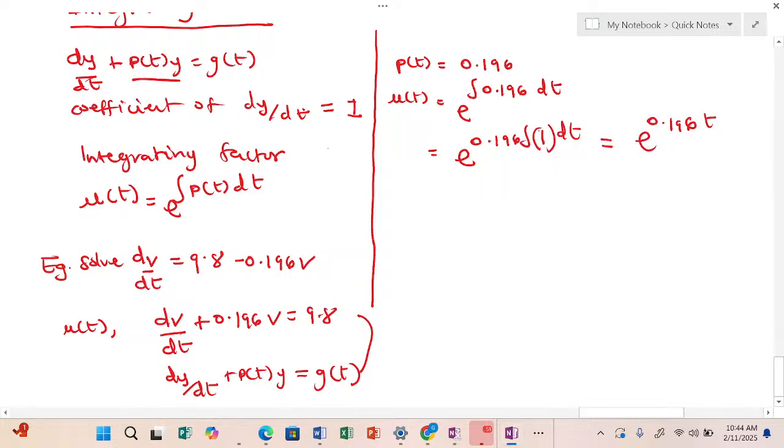So after finding the integrating factor, we multiply through the whole equation with our integrating factor.